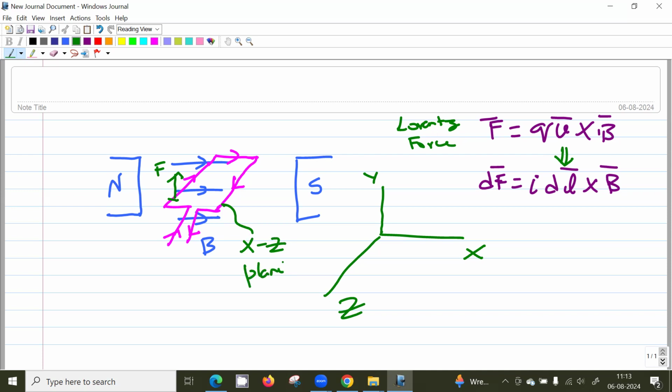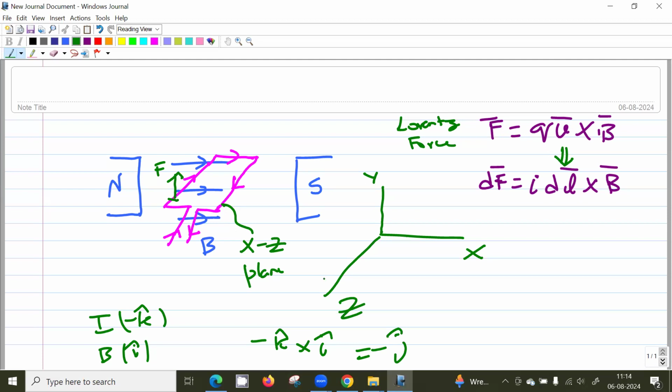The current is moving in the direction of minus k cap, and B is along i cap. So minus k cap cross i cap: k cross i is j, so with the minus sign it is minus j.